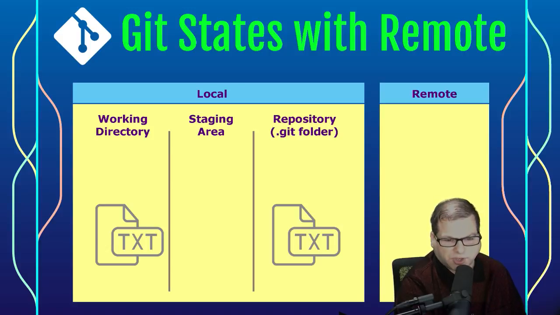However, I like to think of there being a fourth state, and that is the remote side. Now, it's perfectly fine to have a Git repository that solely lives on your system, but the usefulness of that is relatively limited.